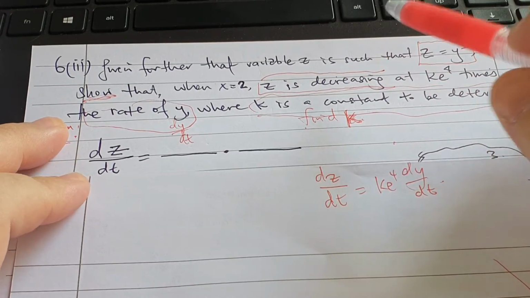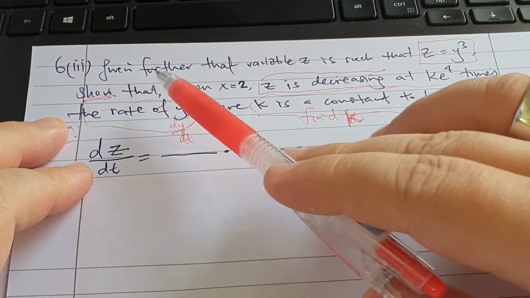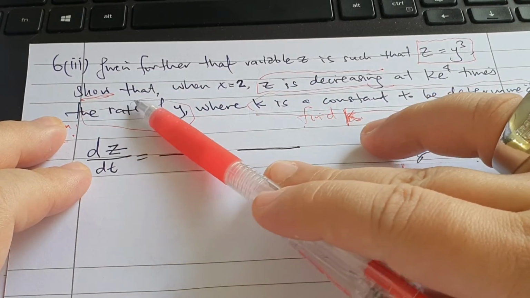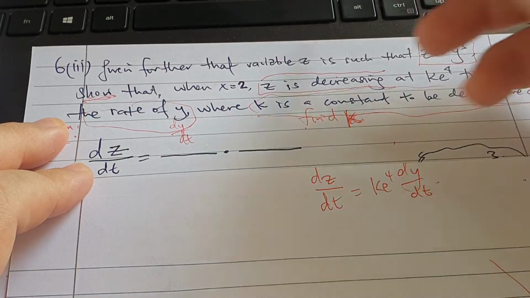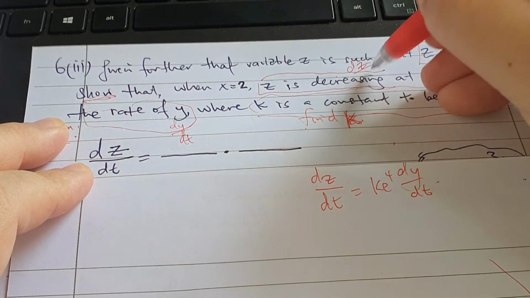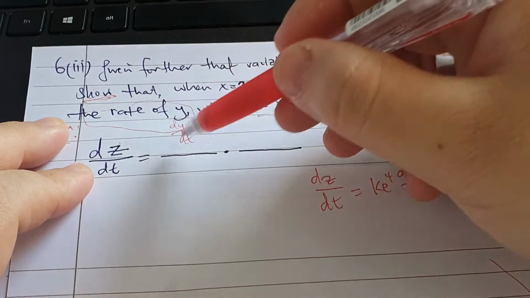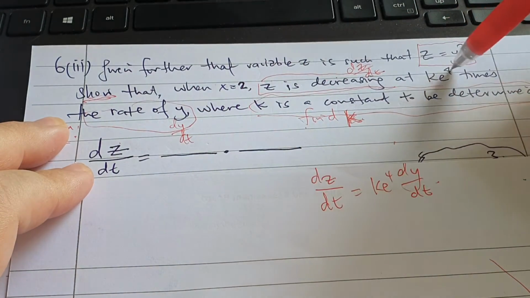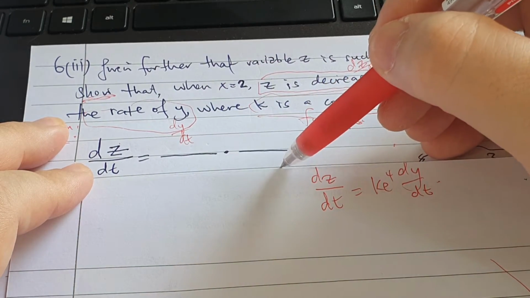Now let's take a look. Firstly, I write dz/dt. Why like that? Because they say show that this dz/dt, that means I must find dz/dt. I must find that this dz/dt is equal to k e whatever times dy/dt.